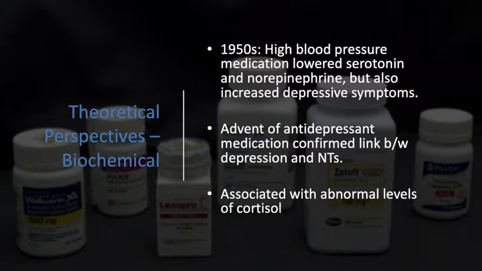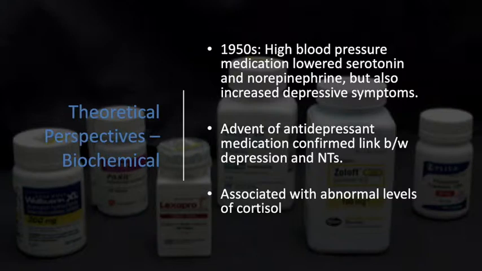But the evidence around the time was showing that people who do take these medications that lower these serotonin and norepinephrine levels actually show increased depressive symptoms, which tells us that particularly serotonin and norepinephrine are connected with depression. So the activity of these two neurotransmitters may be associated with the development of depression later on.